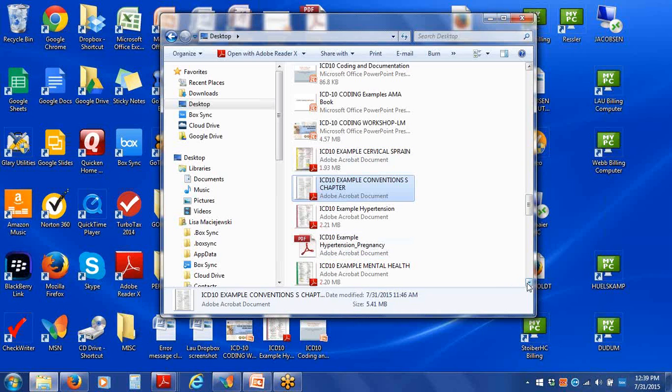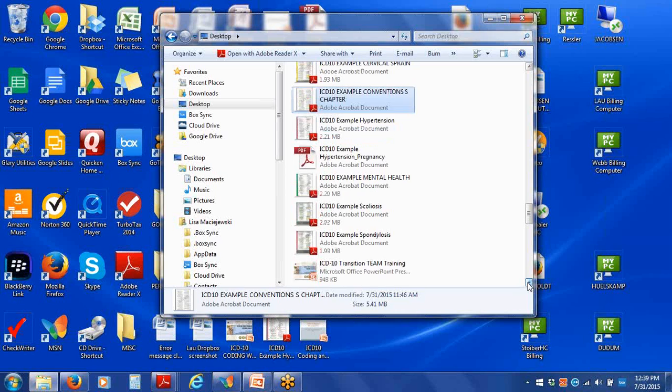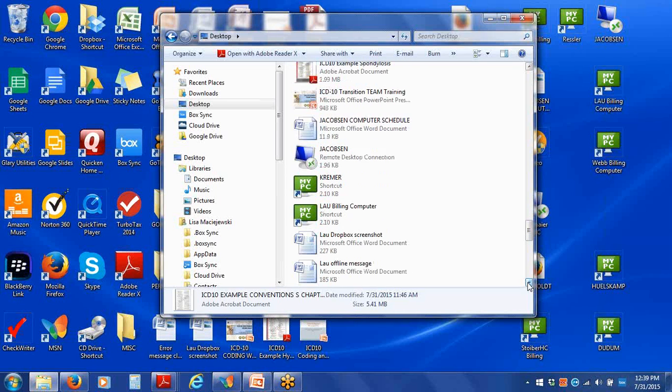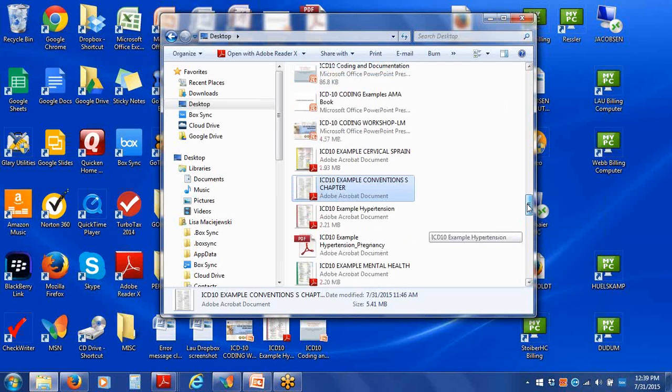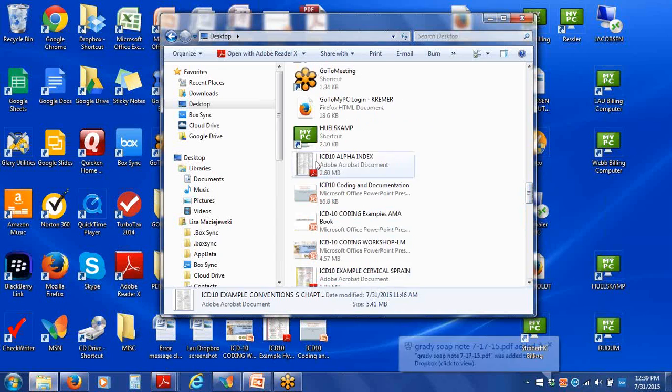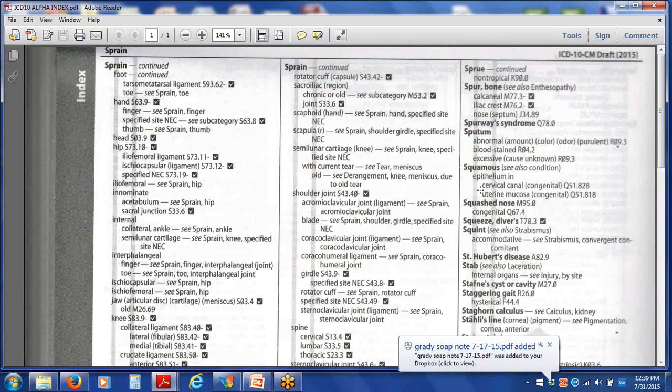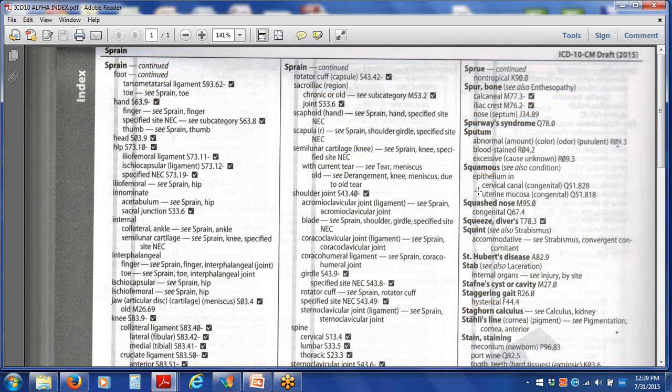I went into the, oh, there it is, alpha index. So the first place you're going to go to in your book is the alphabetical index, because you don't know what the code is, you know what the word is. And if that's the case, then you're going to look up the word sprain.